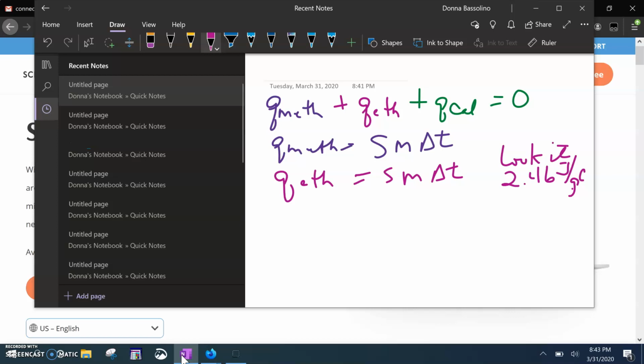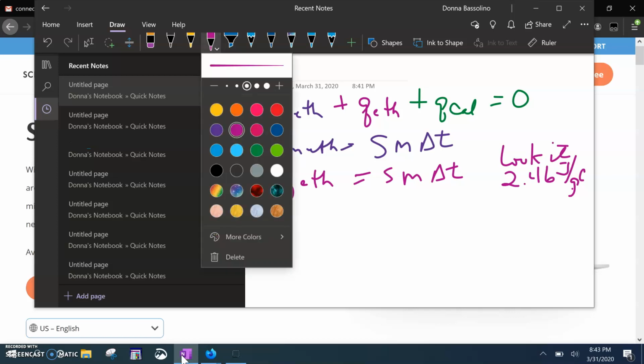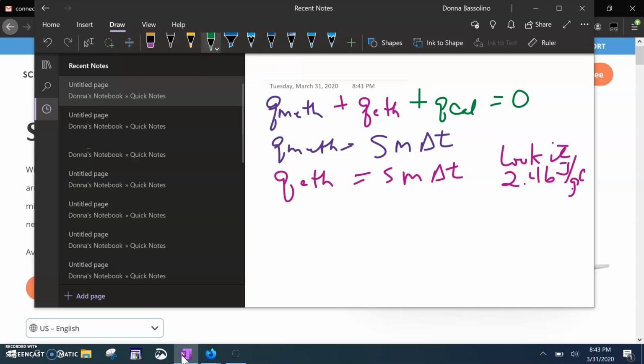And then the last part of this one would be Q of the calorimeter, and that one is equal to, this is just written as heat capacity times delta T, and the heat capacity, I think, is 19.3, but again these numbers might change, 19.3 times delta T. And now you have the three terms that you're going to plug in.